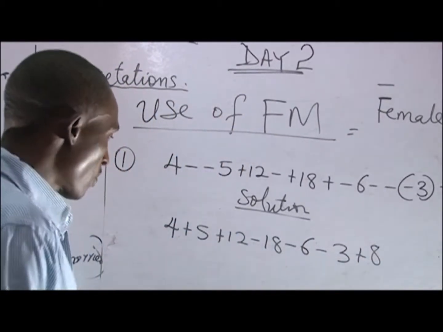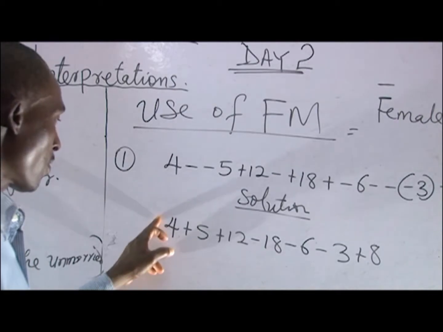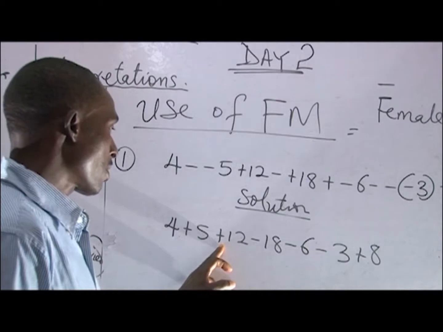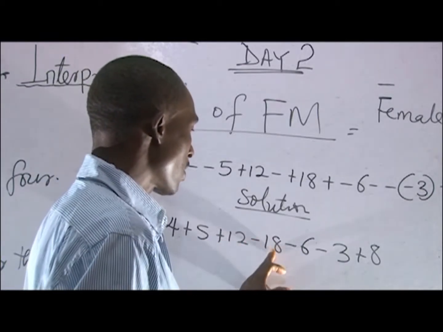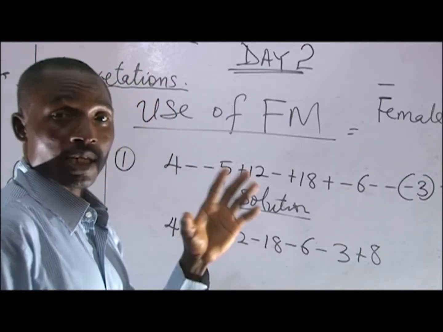So in this case, we look at it: one sign, invisible sign here, which is plus, one number, plus, one number, plus one number, plus one number. So we want to use FM.